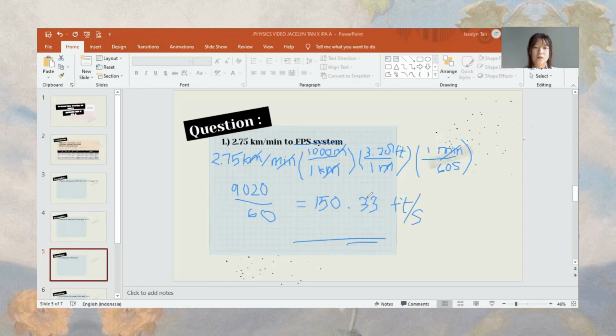So now this is the answer in the FPS system.